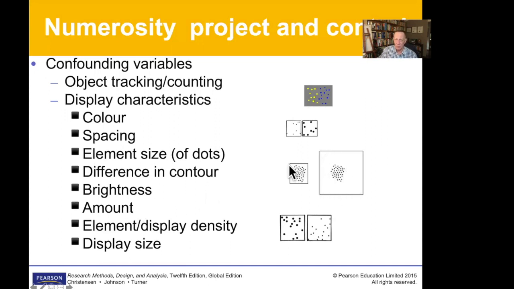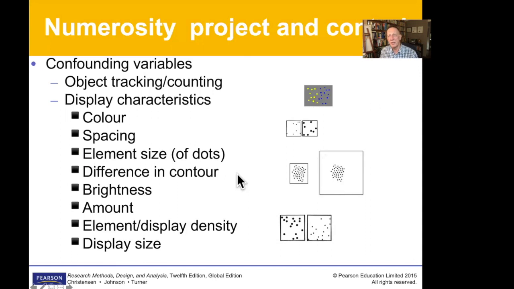The amount of dots, obviously, as you can see over there. The element or display density, similar to this brightness thing. How tightly packed it is in a particular display, and then the display size as well can influence them.